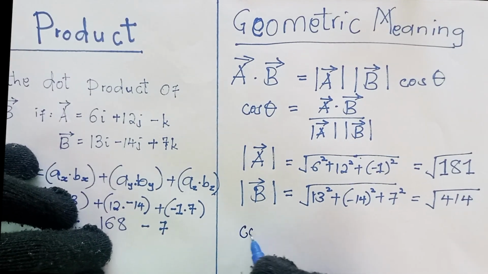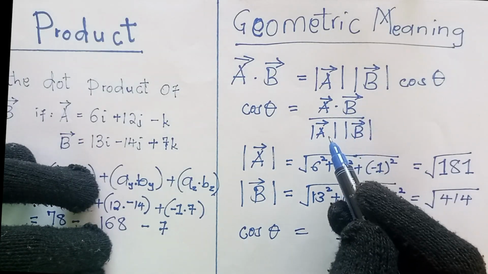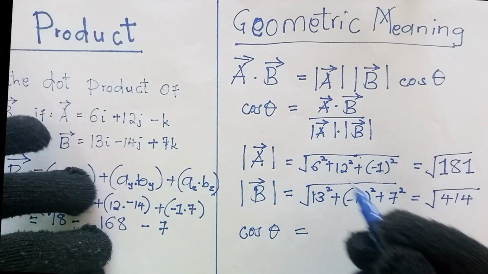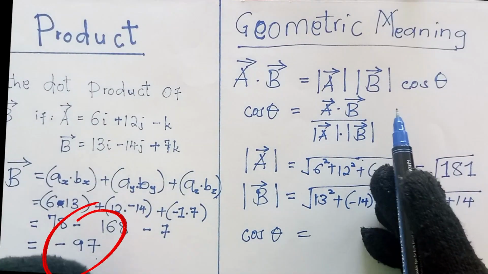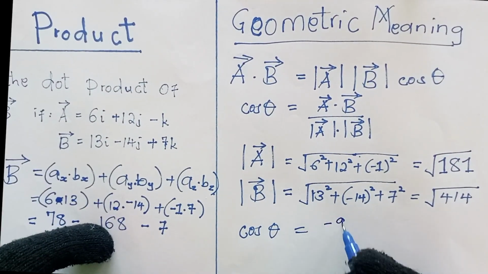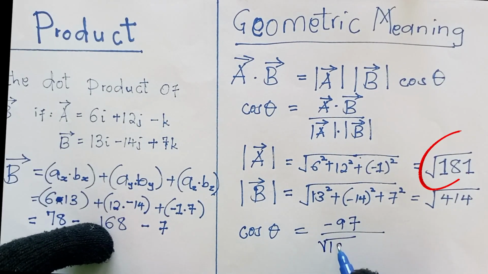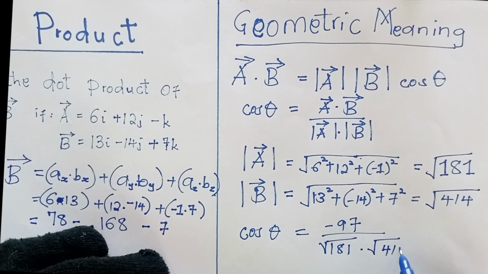So cos theta will be A dot B over the magnitude of A times the magnitude of B, and A dot B is negative 97 over root 181 times root 414.